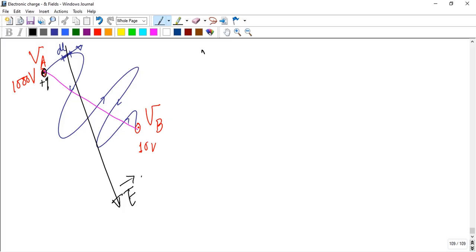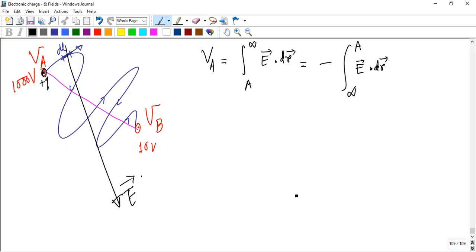So the potential at VA, we know, is minus the integral from infinity to point A of E dot dr. If the limits are from A to infinity the minus is dropped, since the limit shifts.